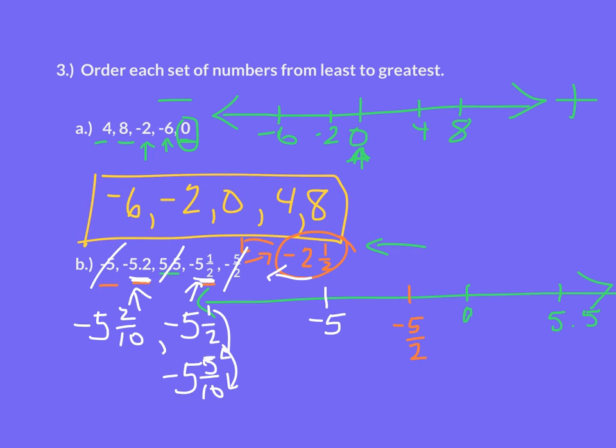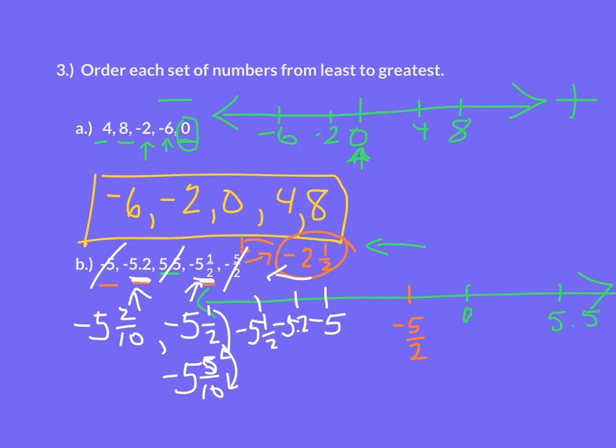So which one is further away? Well, it would be the 5/10, negative 5 and 5/10. So that means the next one would be negative 5.2. Remember, transfer it back, and negative 5 and 1 half.